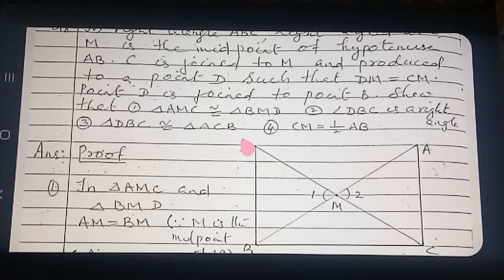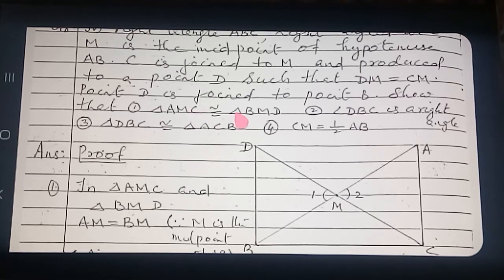How can you make them congruent? All the parts are already in the diagram. You just recollect the points. Say any 3 parts that make them congruent. Can you say? We can start now.